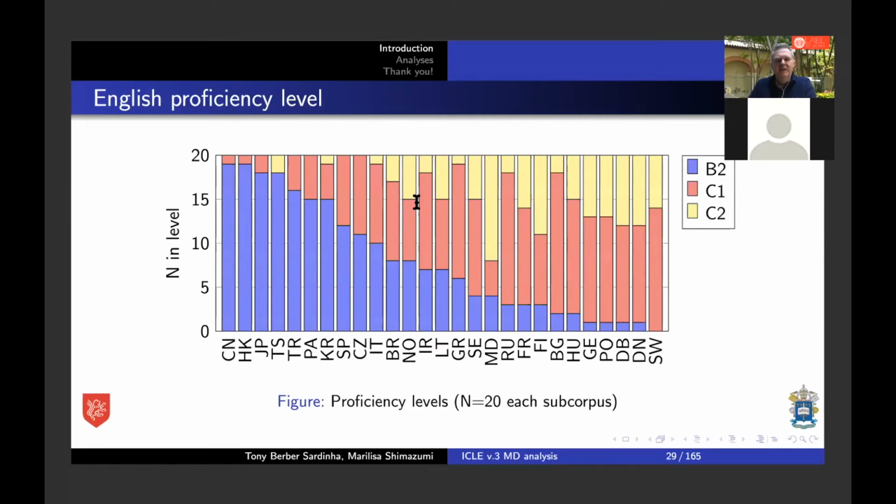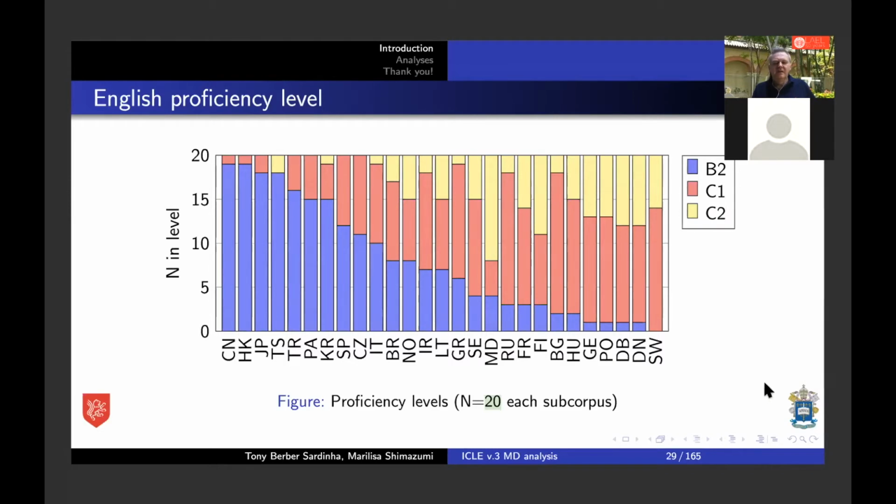In terms of the proficiency level, the learners did not take any proficiency level tests, so they were classified as intermediate to advanced by the people collecting the corpora. But Sylviane Granger and the team provided this: they had someone look at 20 texts for each subcorpus and grade the essays in terms of proficiency levels, B2, C1, and C2.